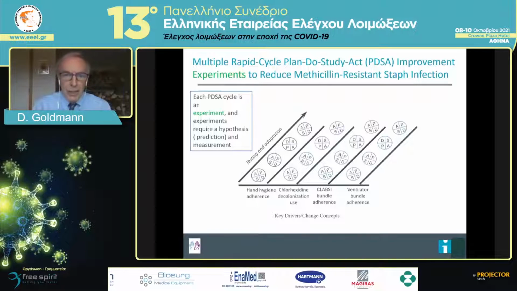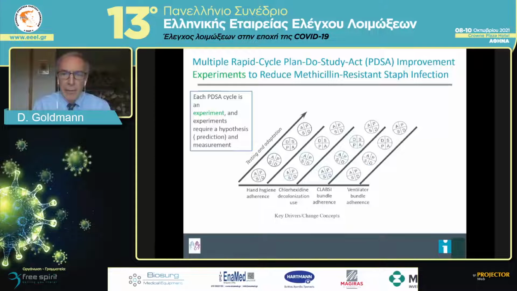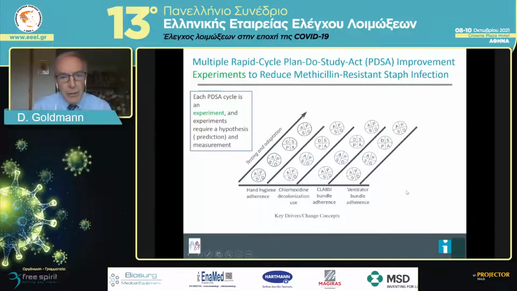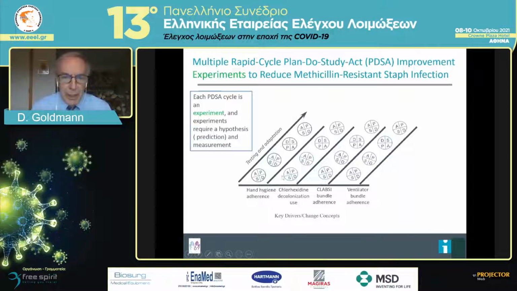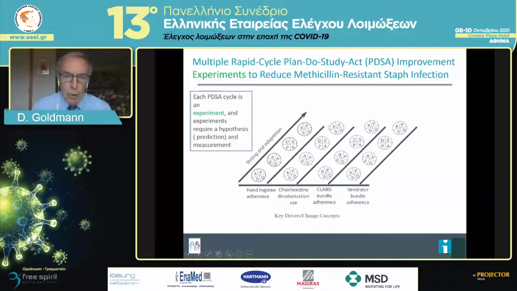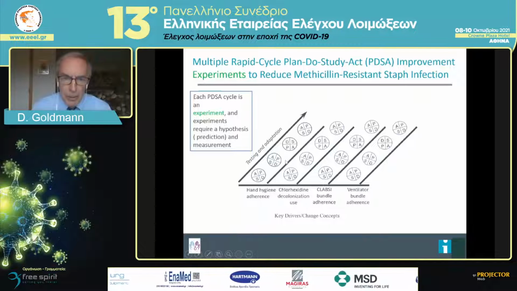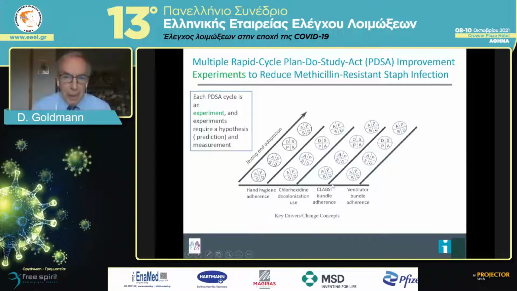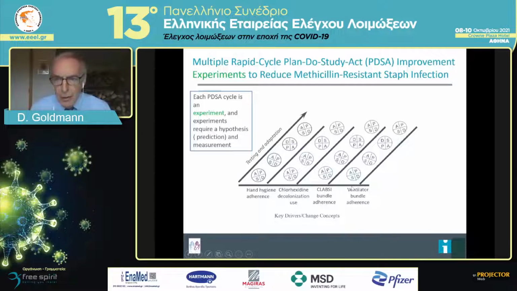And all of that is just a prediction you have, and then you see whether or not your prediction was correct. And on this slide, I've shown ramps for each of the major drivers. Here's a ramp of Plan, Do, Study, Act experiments for hand hygiene, for using the chlorhexidine, for the CLABSI bundle, for the ventilator bundle.